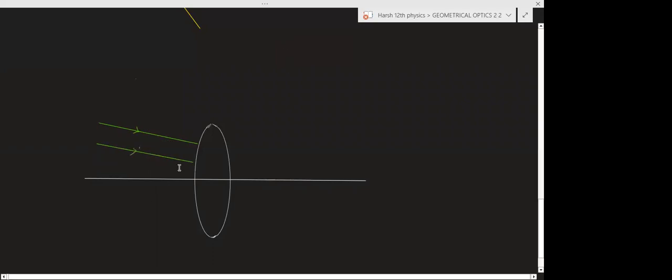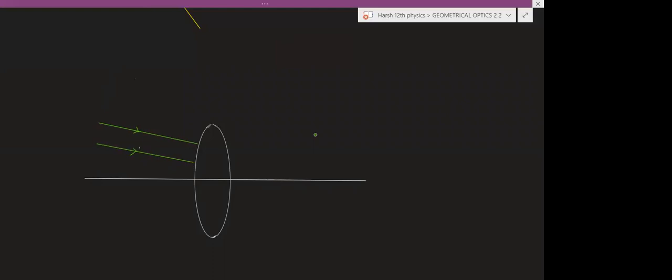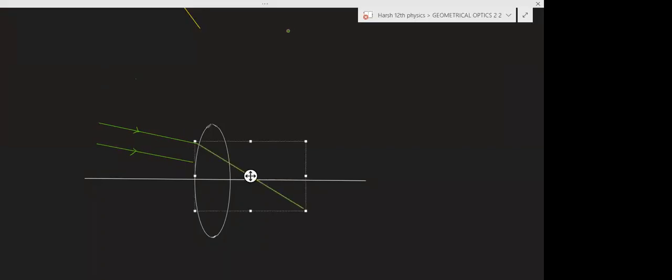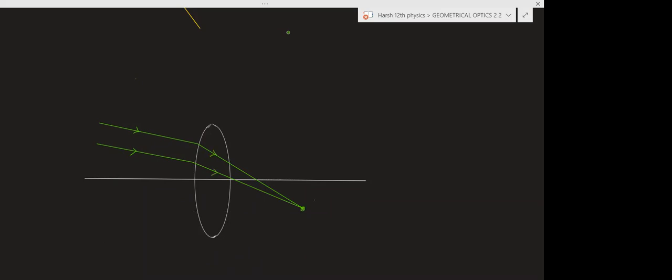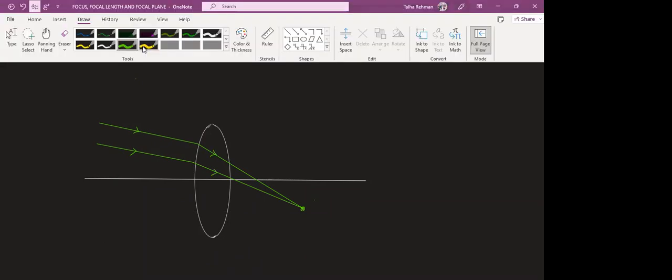So what will happen after converging from the lens? These light rays will meet at a certain point. Suppose here these light rays are meeting after converging from this lens. So this point will lie on the focal plane.